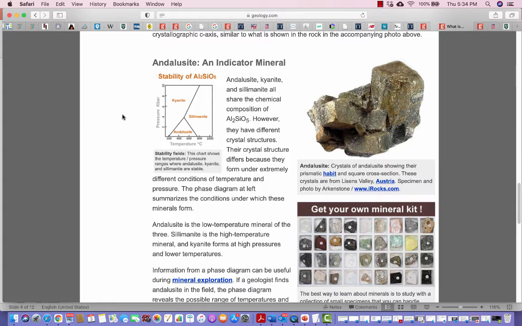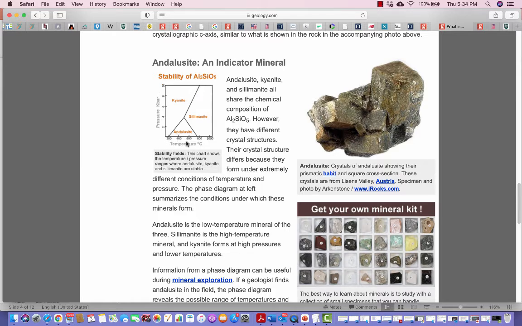Now the next website is andalusite. That is another mineral that is formed from relatively lower pressures and temperatures. Still high enough to be called metamorphic rock, but this is andalusite. There it is on the side. It's sort of a rock that's brownish with some gold sheen to it. And then here is the little chart that shows you across the bottom, this is temperature getting higher and higher, and this is pressure getting higher and higher going up.